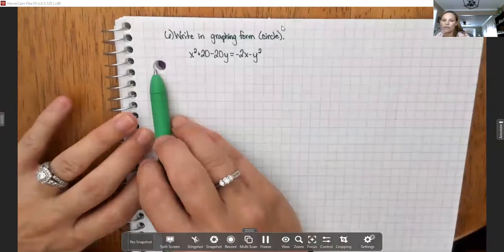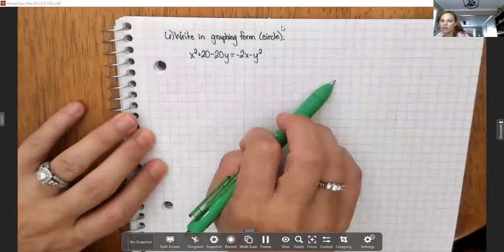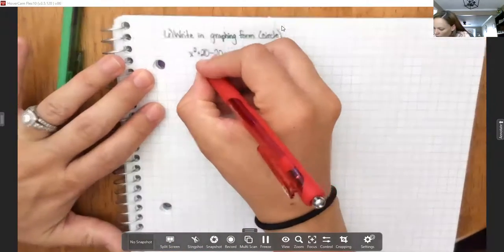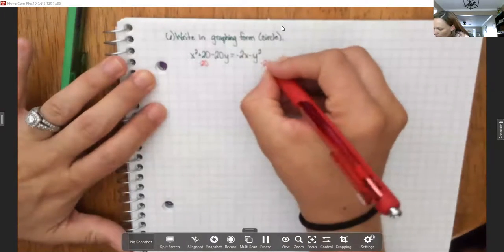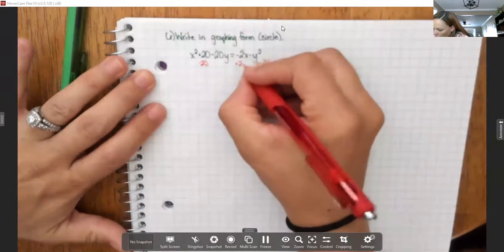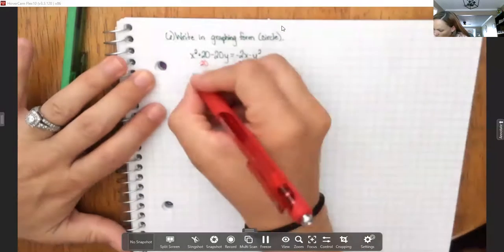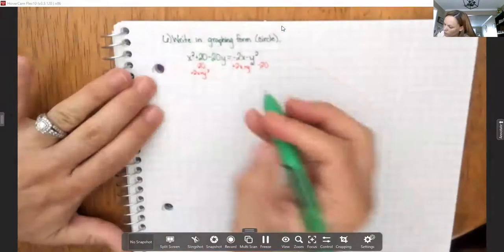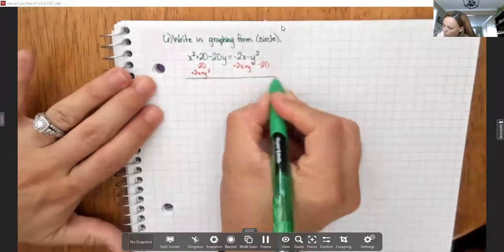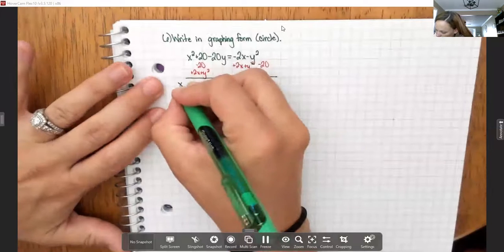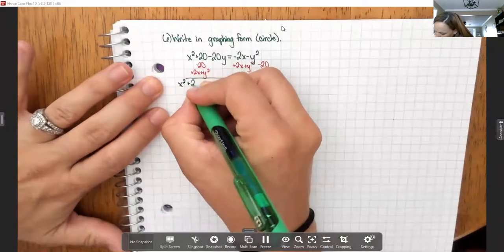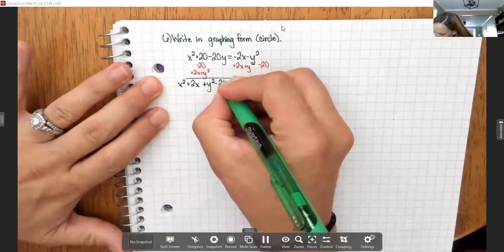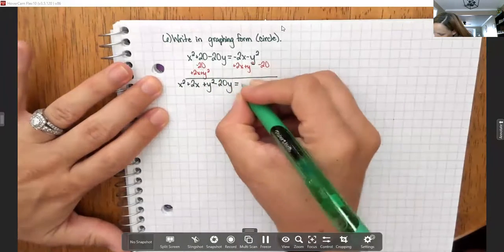You want to get your x's and y's on one side, and then your constant, your number, on the other side. So we want to move the 20 to the other side, and we want to add 2x and y squared. So x squared plus 2x plus y squared minus 20y equals negative 20.